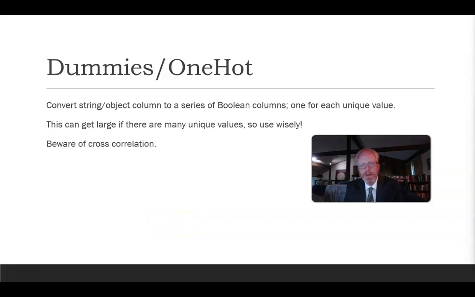This works in a slightly different way. Instead of taking that one column and assigning numbers to each of the unique strings, what get dummies or one-hot does is it operates in a similar manner, using a column of objects or strings that are used as a category, but instead of making one column with a series of numbers that represent each of those unique strings, it will make one column for each unique string, and that column is a Boolean, true or false.